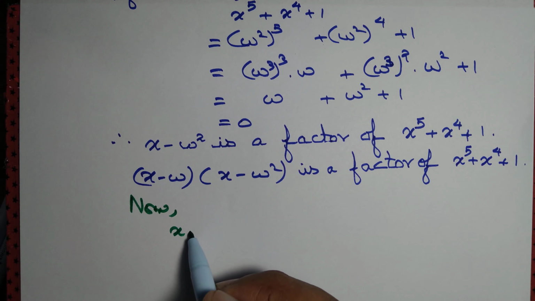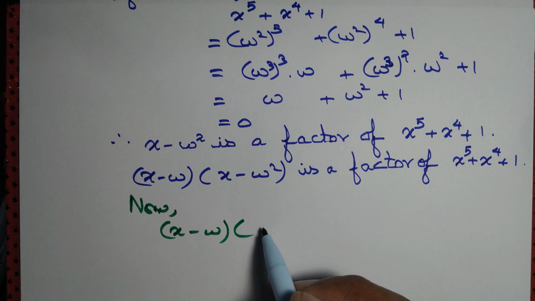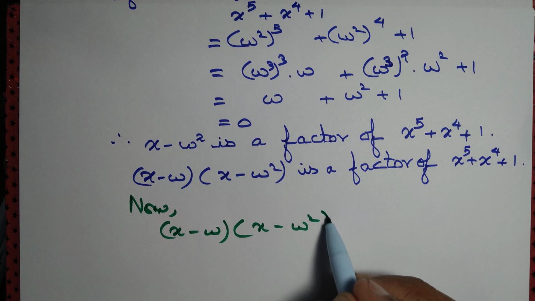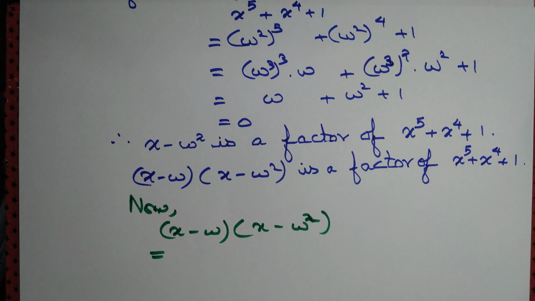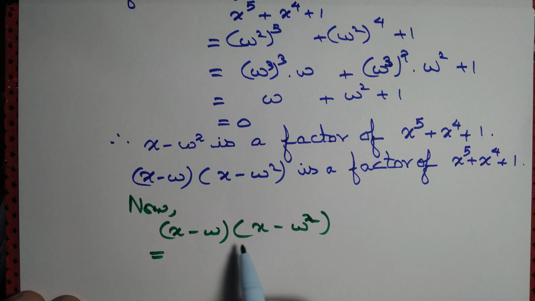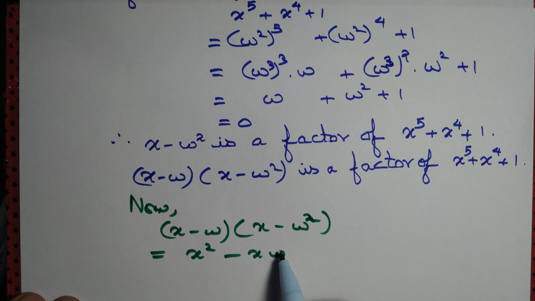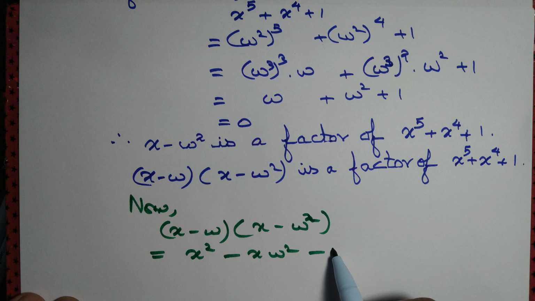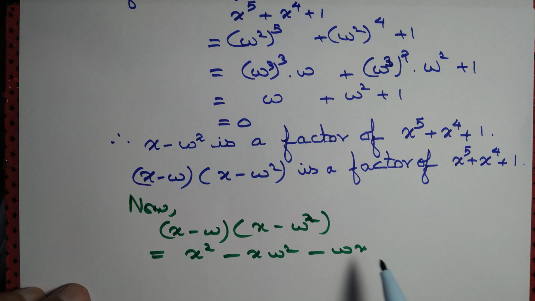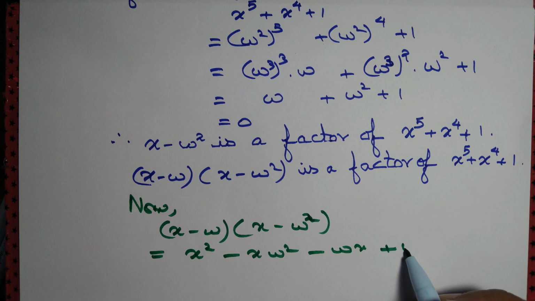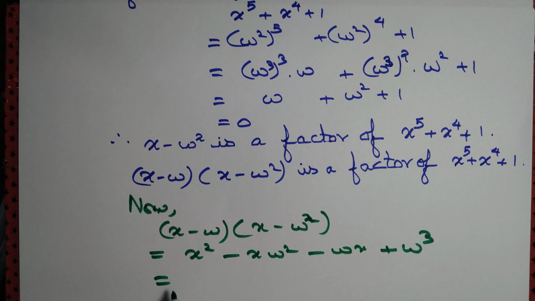Let's see. x minus omega into x minus omega square equals x into x is x square, x into minus omega square, minus omega into x, minus omega x, and omega into omega square, that's omega cube. Once again, x square as it is.